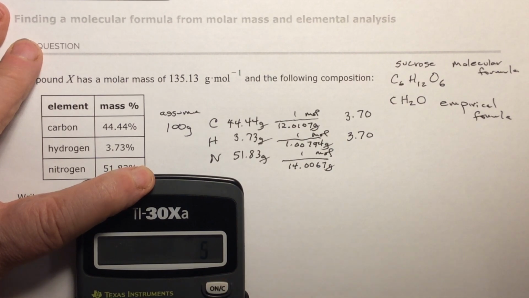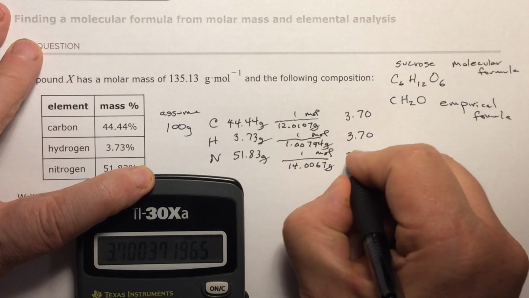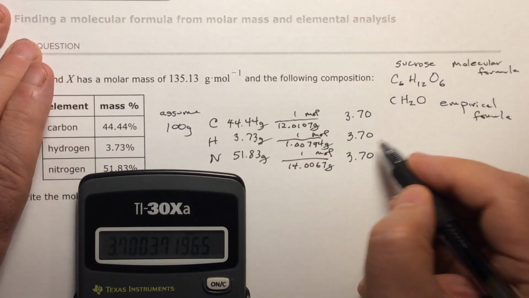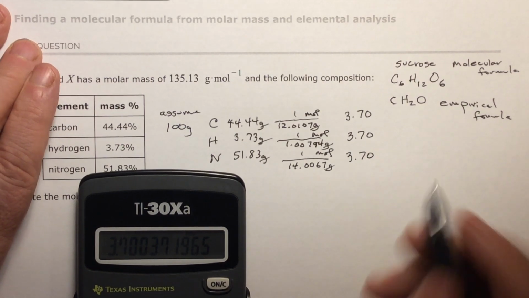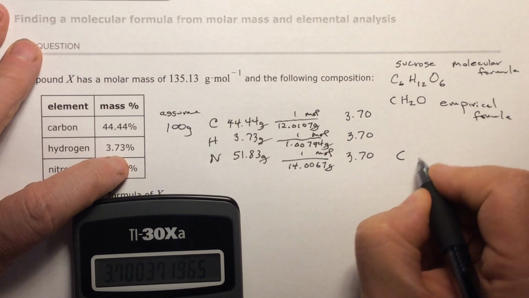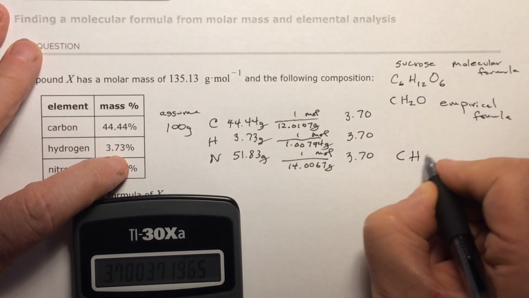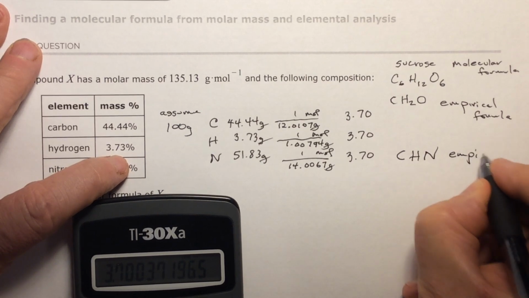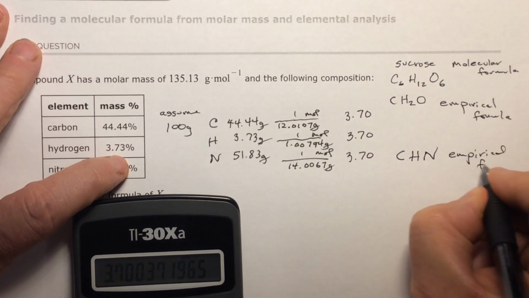Nitrogen, I have 51.83 divided by 14.0067, and I have 3.70. That's wonderful. That means it's 1 to 1 to 1. So I'm going to take these three, C, H, and N, C1, H1, N1, and this is called the empirical formula.